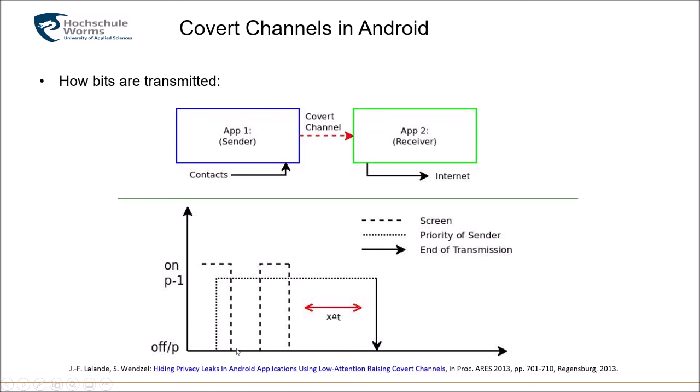When the screen is turned off by the user, it's a signal that we exploit to indicate the start of a hidden transmission, but only if the process priority was set to P-1. If the process priority is P, which is the standard priority for the process, then we indicate that there's no data available. Now, data is available because the sender set the priority to P-1 and the screen was turned off, so the sending would begin.